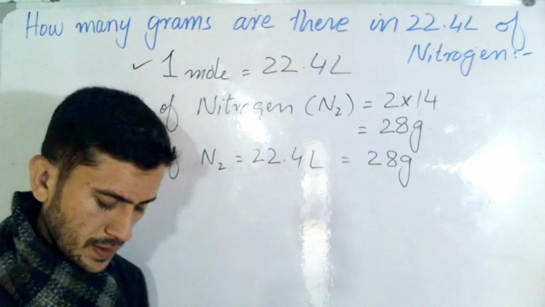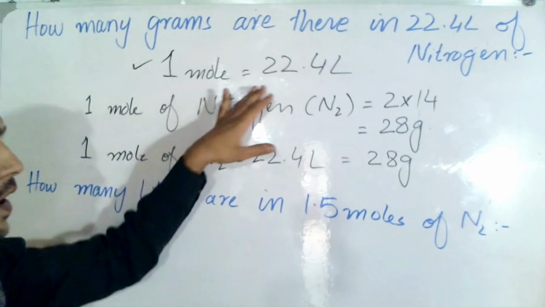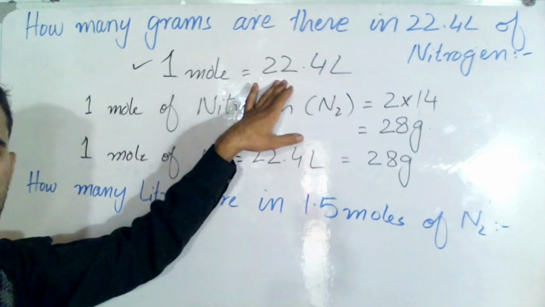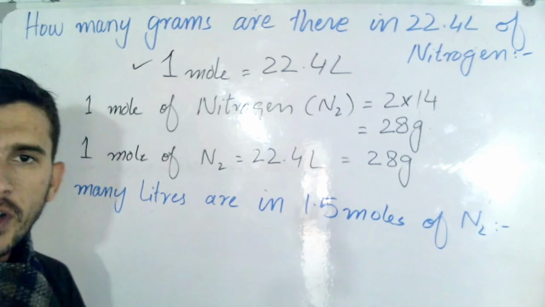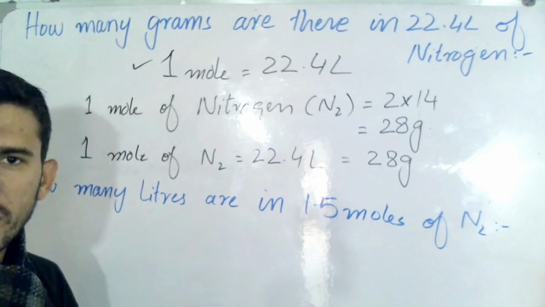And second question is, as you know, 1 mole of nitrogen contains 22.4 liters, and 1.5 moles occupy more volume.